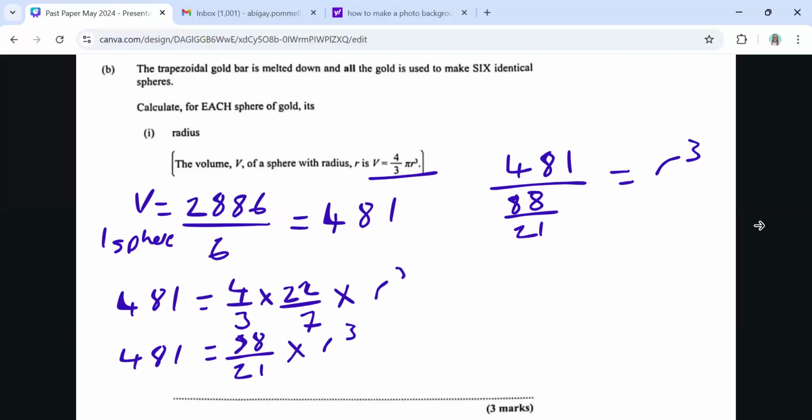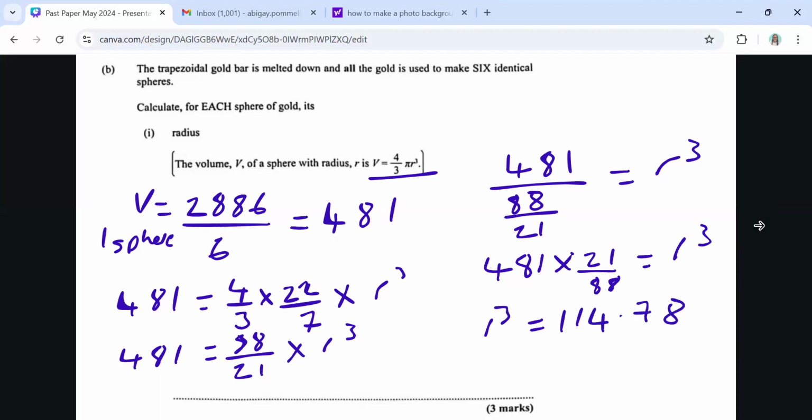So we know what we do right here. It will be 481 times 21 over 88 equal r cubed. And that will equal, r cubed will be equal to 114.78. All right. So in order to find r, we're going to cube root.